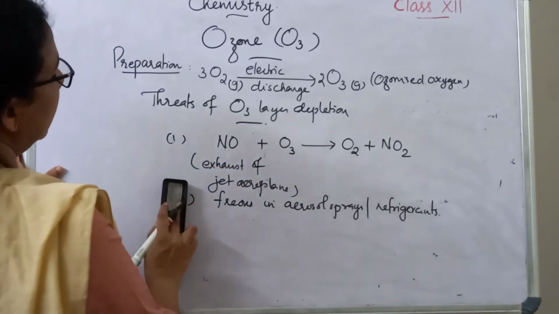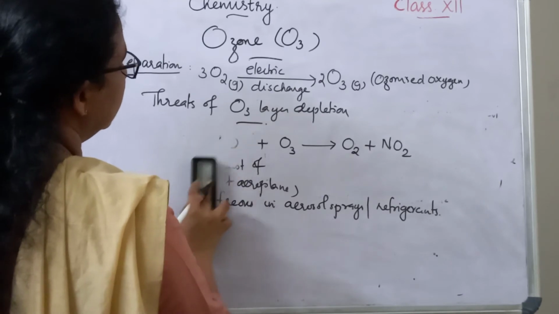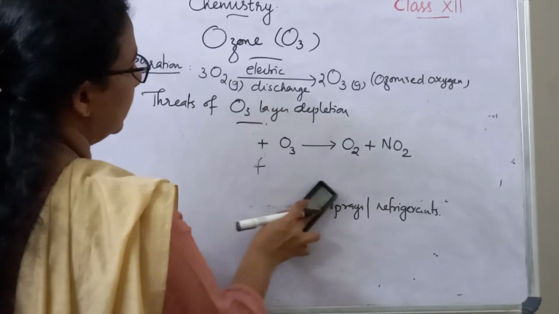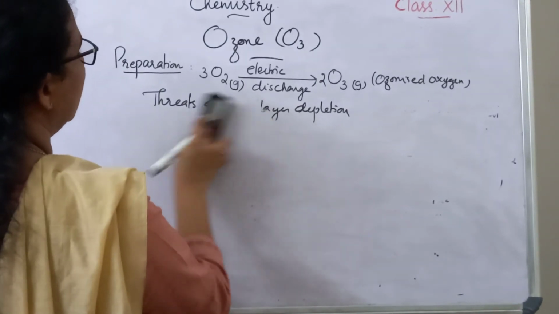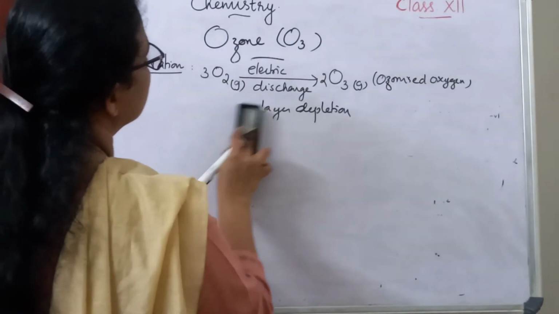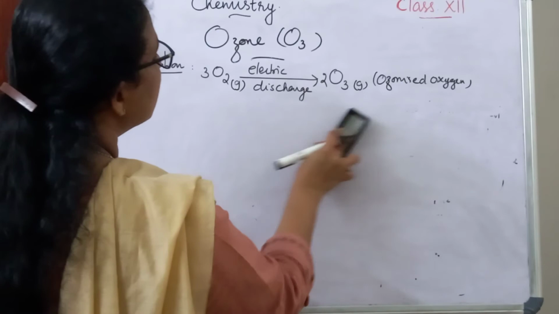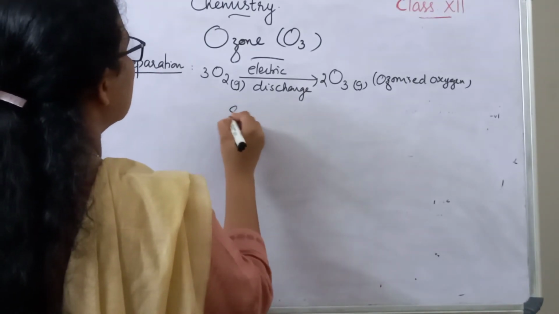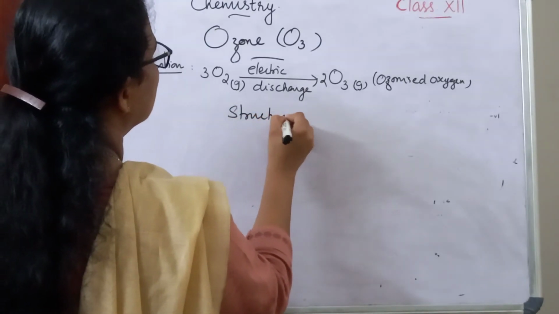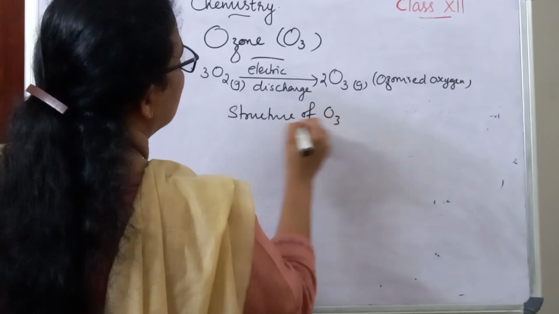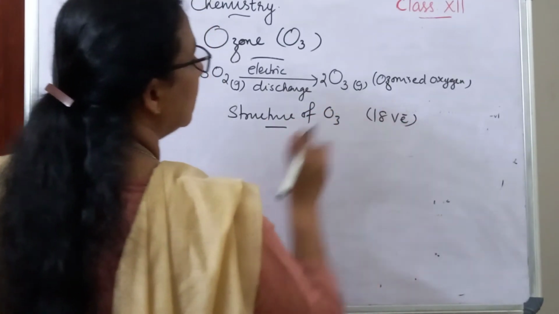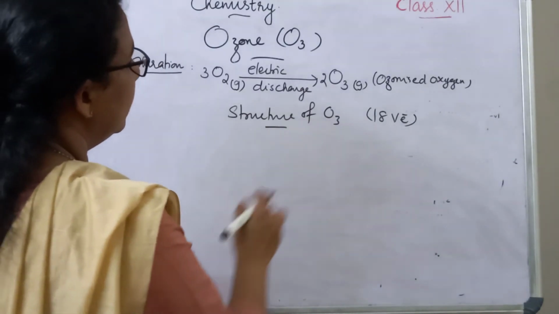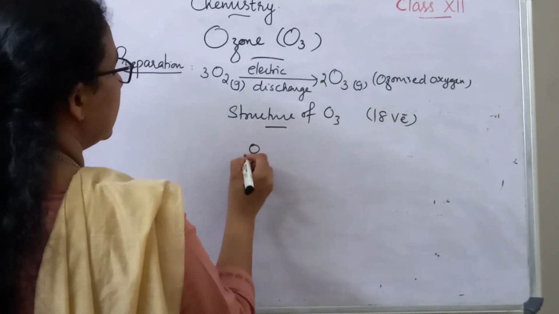Now let us see another important point, that is the structure of ozone. You know how to draw the structure of ozone. There are 18 valence electrons. We can arrange all these valence electrons with 3 oxygen atoms.